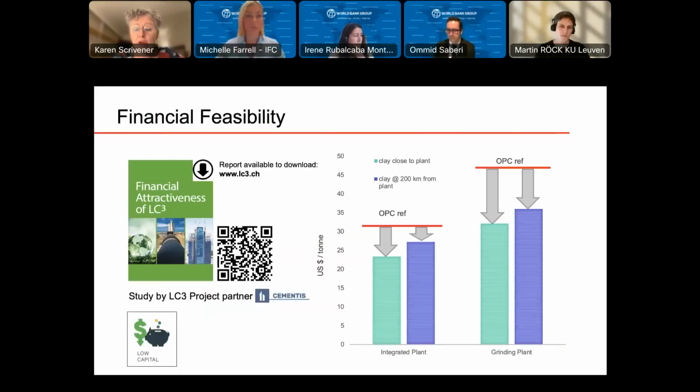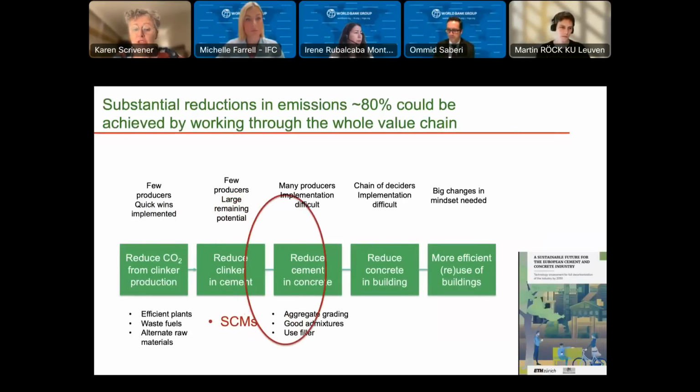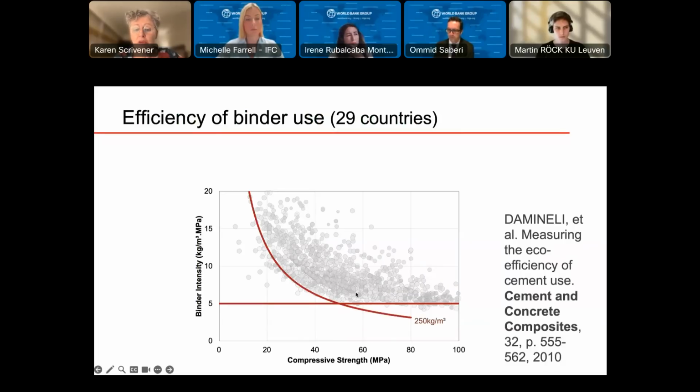And if we look at the figures from the literature, we see that there's this huge spread. So to get exactly the same strength, we have some concretes which are using this amount of binder and some concretes which are right up here. That's to say using 4 times as much cement as needed. And 4 times as much cement as needed is equivalent to 4 times as much CO2.